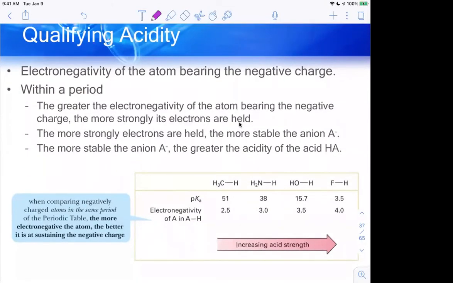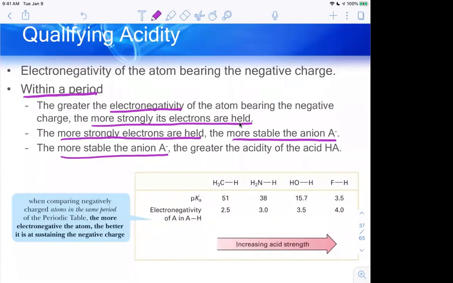So I do need to consider the electronegativity of the atom bearing the negative charge. Remember, within a period, the greater the electronegativity, the more strongly its electrons are held. The more strongly electrons are held, the more stable that anion is. The more stable the anion, the greater the acidity of that corresponding acid.